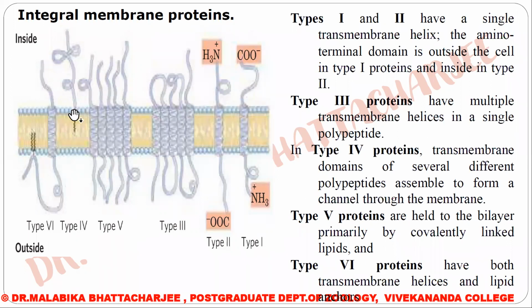Then we have the type 5 proteins. They are held to the bilayer by covalently linked lipids. So they attach to the bilayer by covalently linked lipids. And finally, we have the type 6 proteins that have a transmembrane region, and as you can see, they are also anchored.